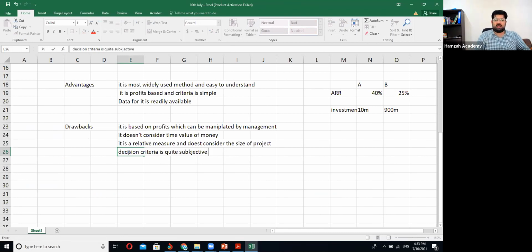Means there is no hard and fast rule that how much return should be accepted. And the last but not the least, the average profit being used is not the actual profit in any year.